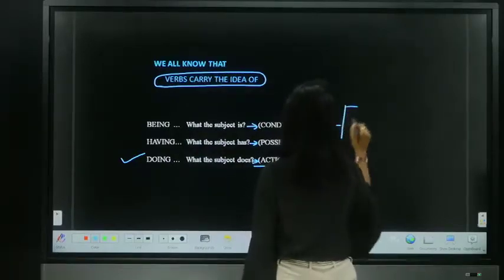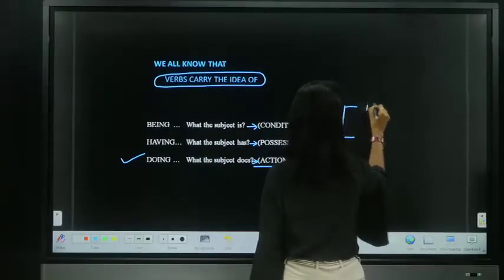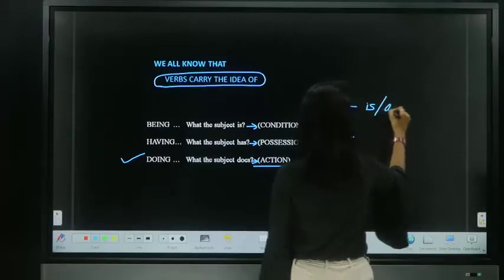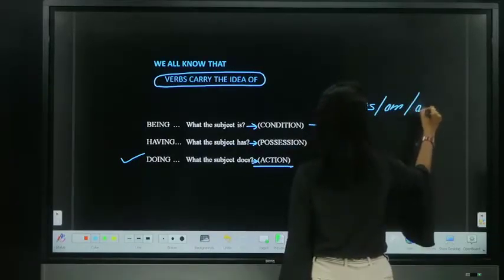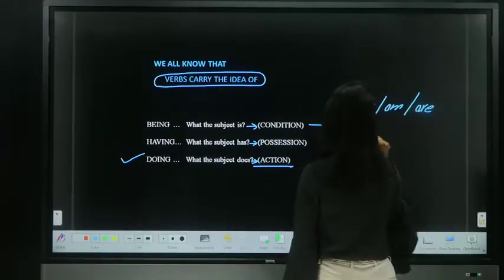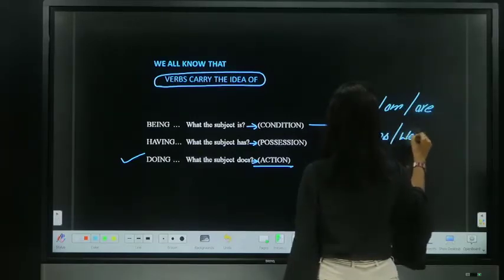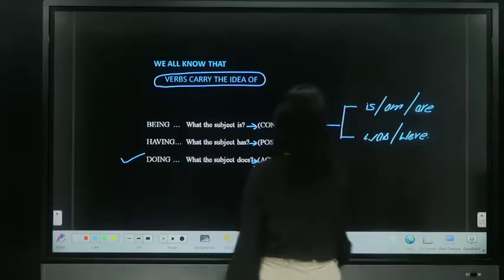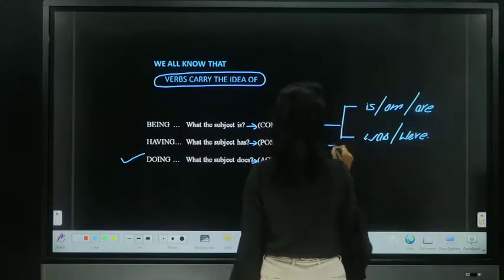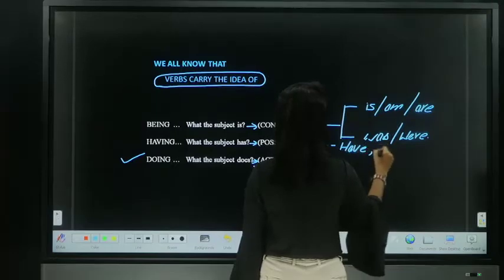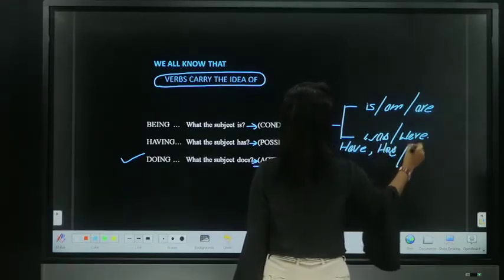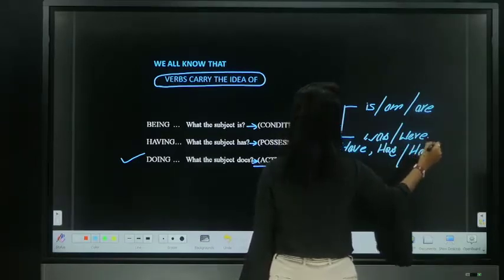Condition means be forms. So what verbs come under be forms? The verbs under be forms are is, am, are, was, were. Right? So possession, have forms. Have forms are have, has for present, had for past.